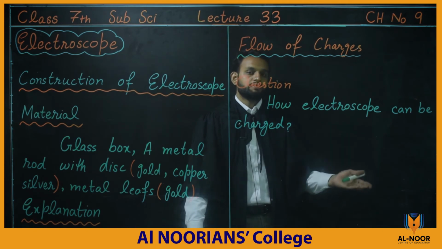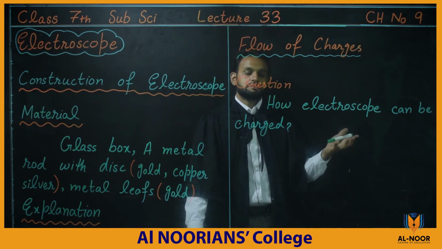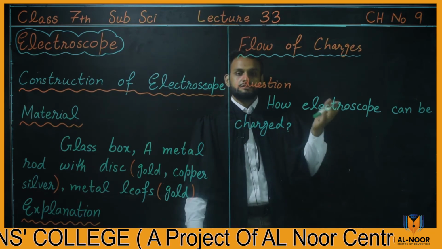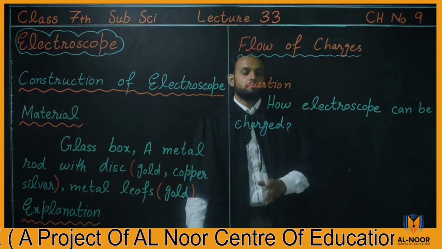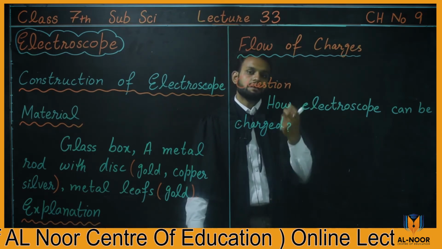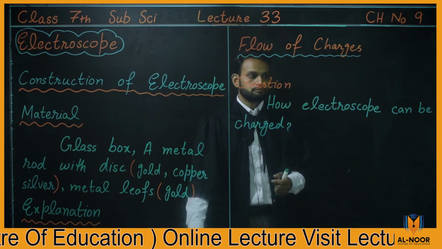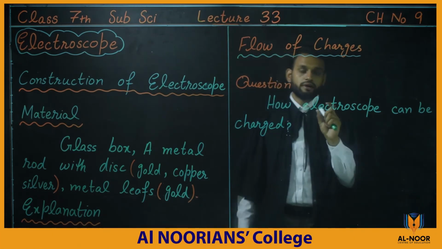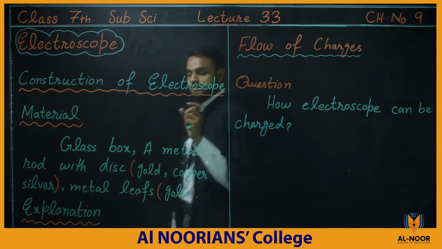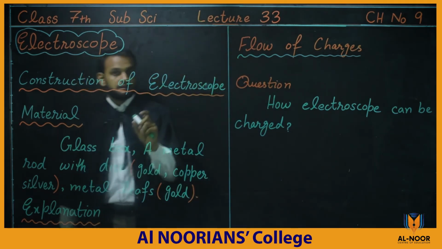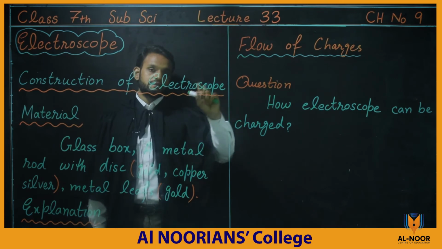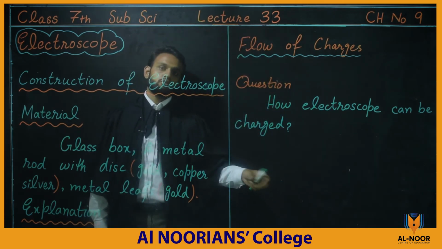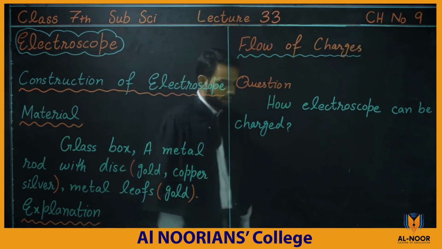If the charged body has positive charge, then when we touch it with the disc of electroscope, the whole electroscope has positive charge. If you have a negatively charged body, then when you touch it to the disc of electroscope, the whole electroscope gets negative charge.